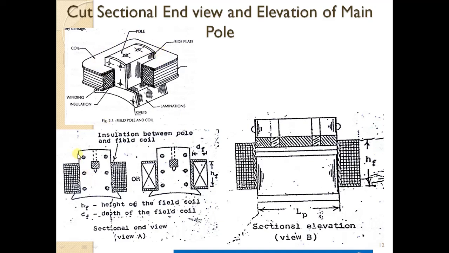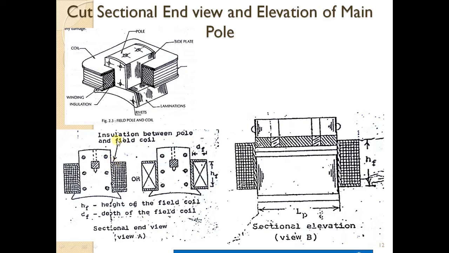As we already discussed, a pole looks like this from an end view, but here along with that we will be having field windings. So the field windings look exactly like a rectangle on both sides. This is the inner rectangle, outer rectangle, and there will be a slight gap between the pole and the inner rectangle.